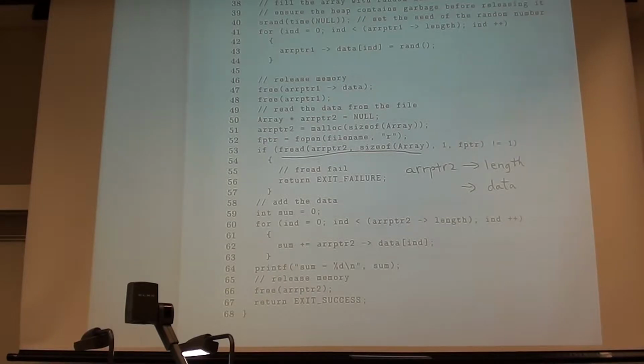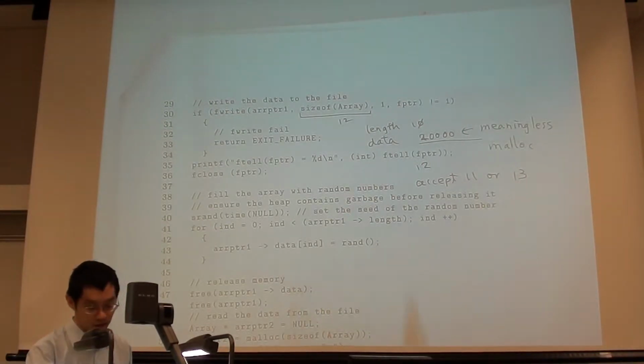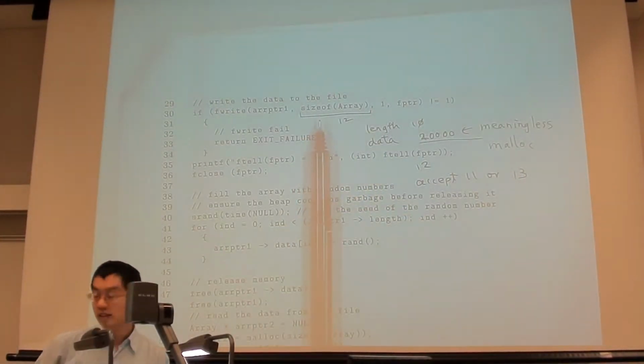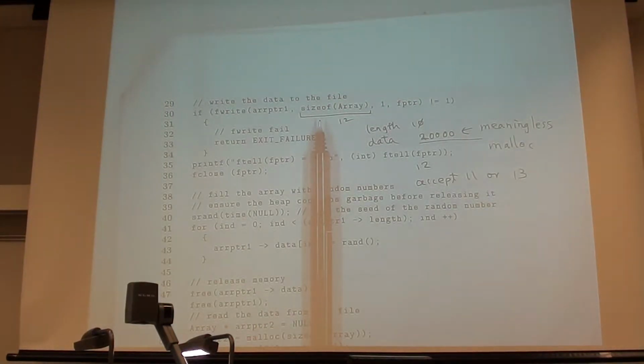Okay, let me go back earlier and ask you, when you do fwrite, what are you writing? On line 30, what are you writing? That will be 10. You write 10, the variable 10, to the file. Right? What are you writing for data?